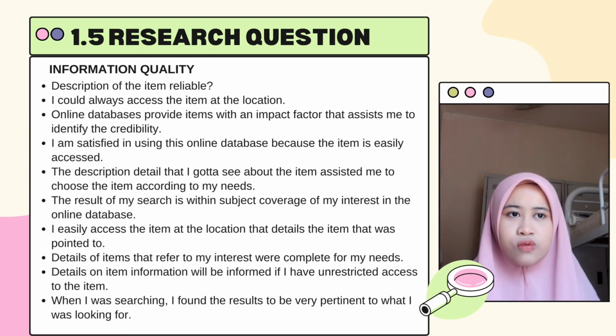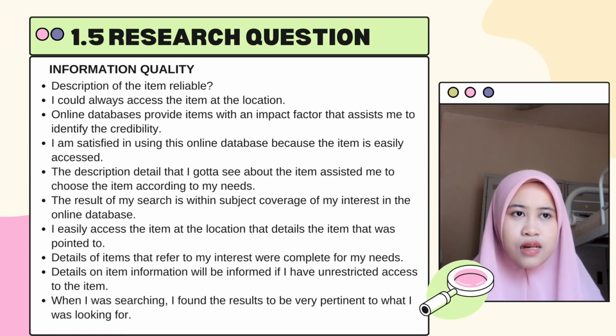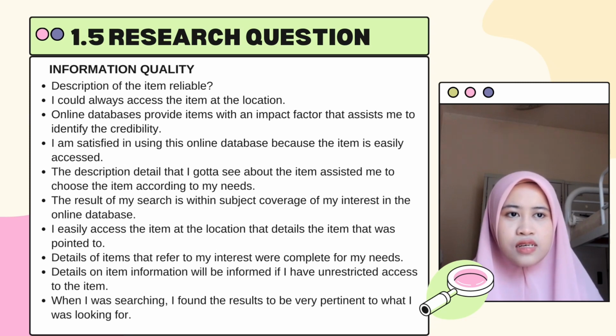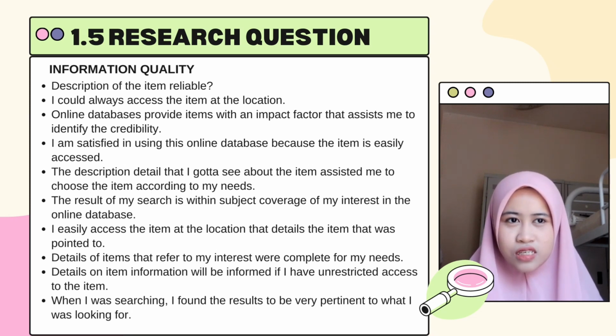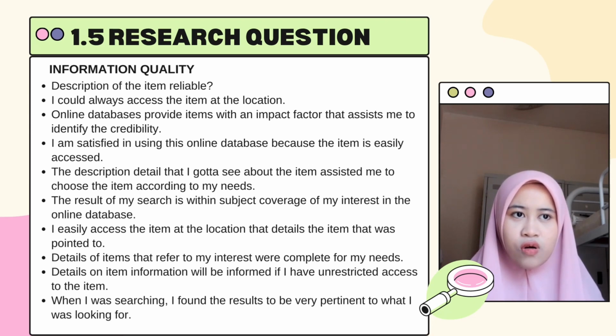Second, I could always access the item at the location. Third, the online database provides items with an impact factor that assists me to identify the credibility of the information. Fourth, I am satisfied in using this online database because the item is easily accessed.